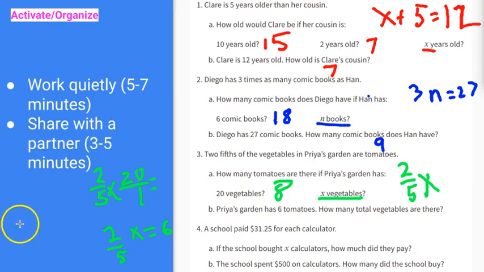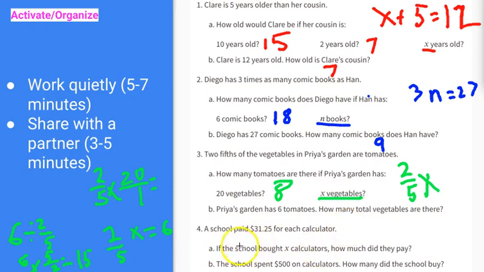Well, we can also think of it as 6 divided by 2/5, right? That's still going to give us our x. Or you can also think of it as 6 times 5/2. So it gives you, what, 15 total? Because that would be 30 halves, which is 15.